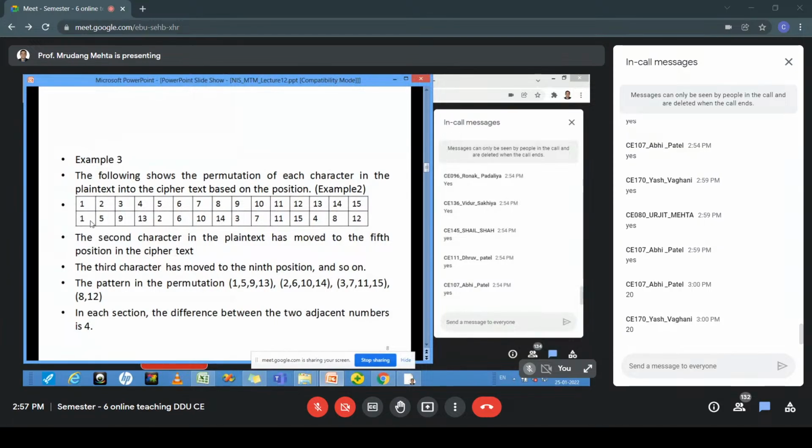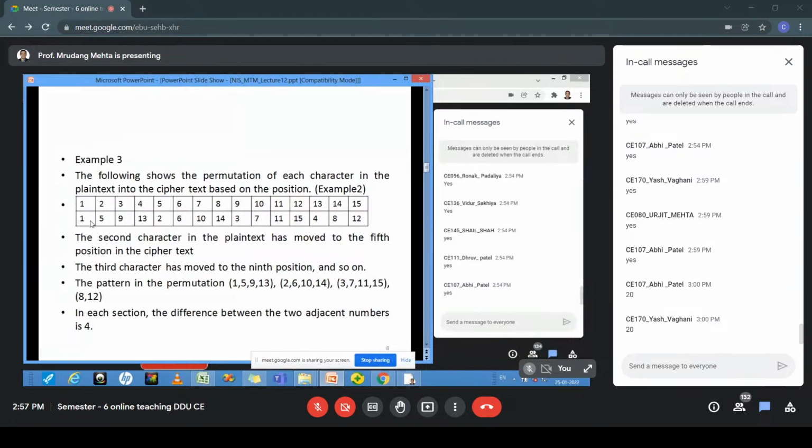Actually, if you read the sentence, the actual plain text is enemy attacks tonight. The Z is an extra. We had an actual plain text, but to fill the block, we have used 20 characters.